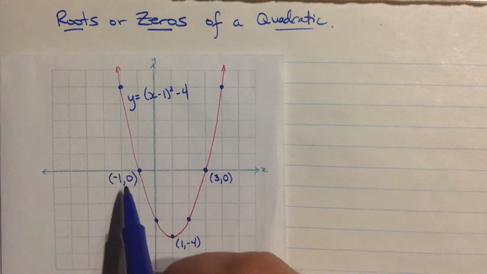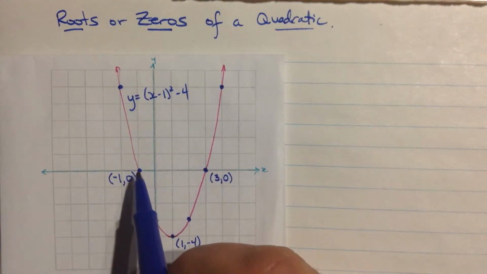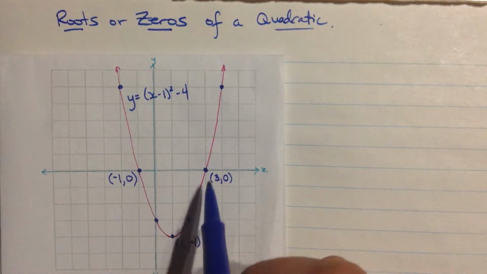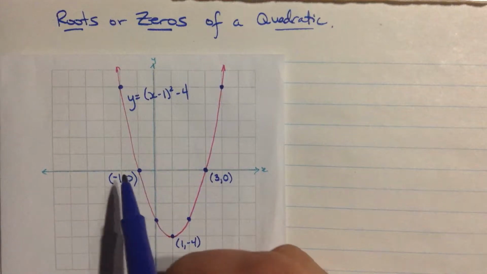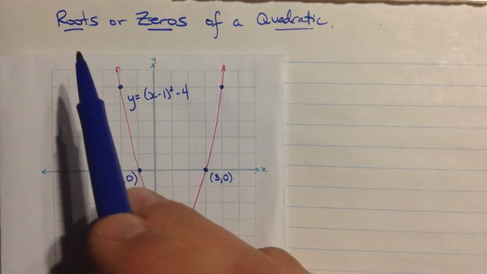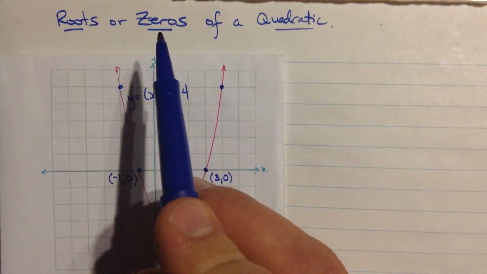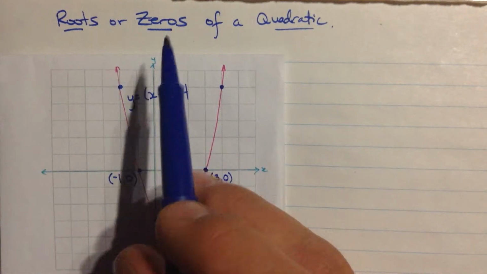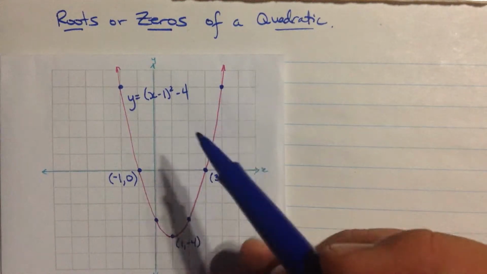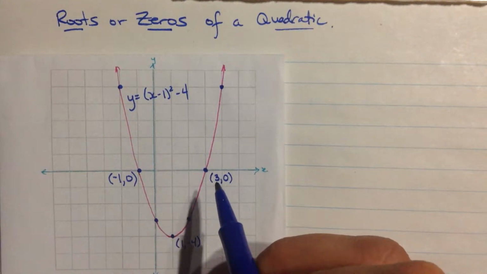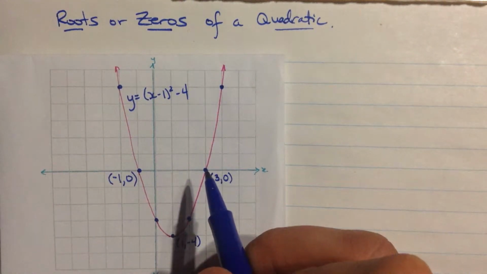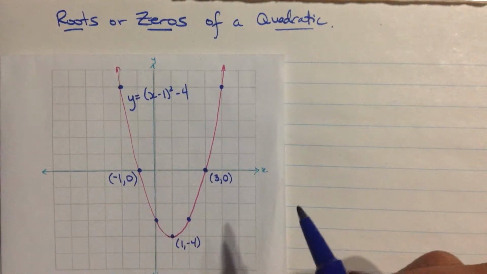Both of those points are where the curve crosses the x-axis, that is when y equals 0. These 2 points are called the roots or the zeros of this function. Zeros because y equals 0. The value of the function is 0 at those points. So we put in an x value, we get a y value of 0. That's a zero of the function.